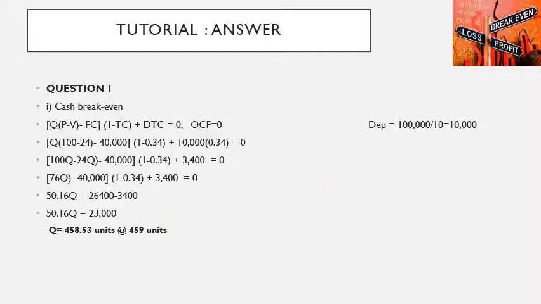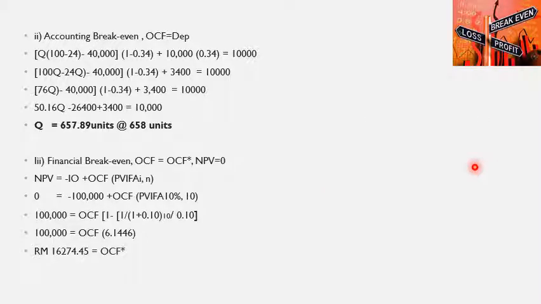Next we continue with accounting break-even, which is OCF equals depreciation. So Q(100 minus 24) minus 40,000 times (1 minus 0.34) plus 10,000 times 0.34 equals depreciation, that is 10,000.